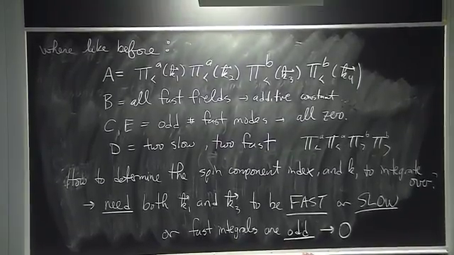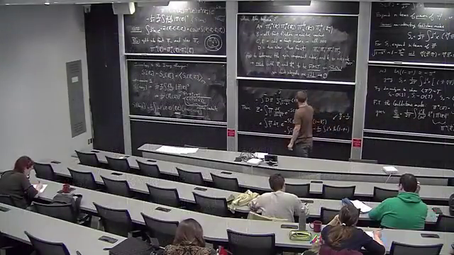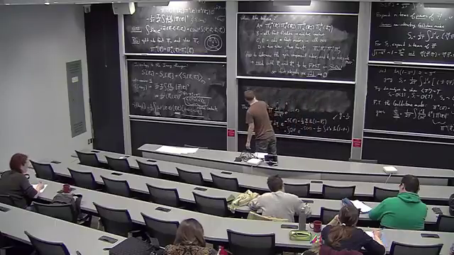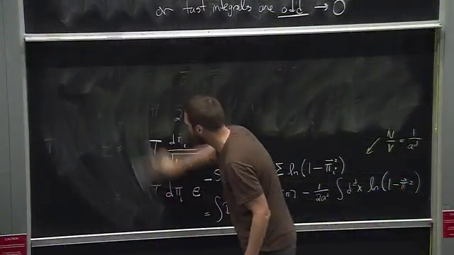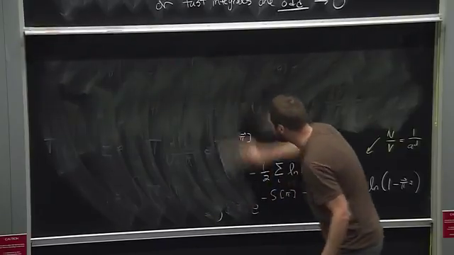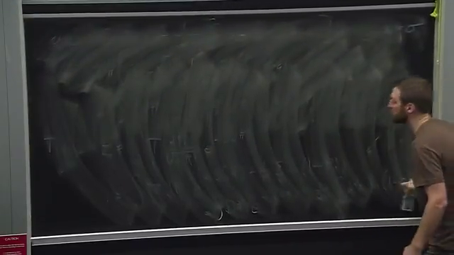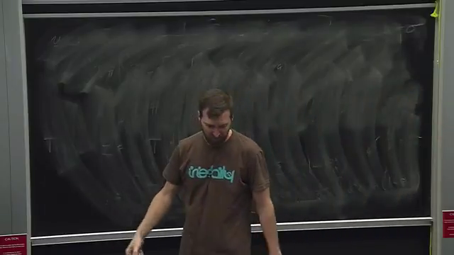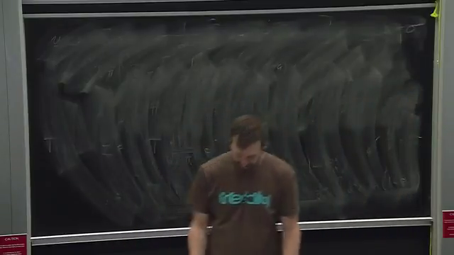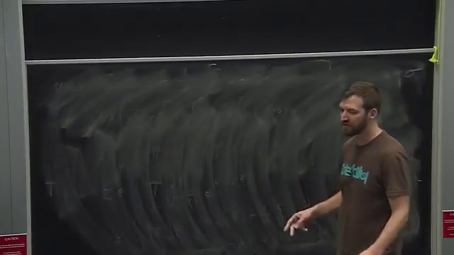It's worth writing it out if you want. So if we assume that that's correct, then there's just 2 cases, one where they're both fast, one where they're both slow. So let's look at the both fast case first.